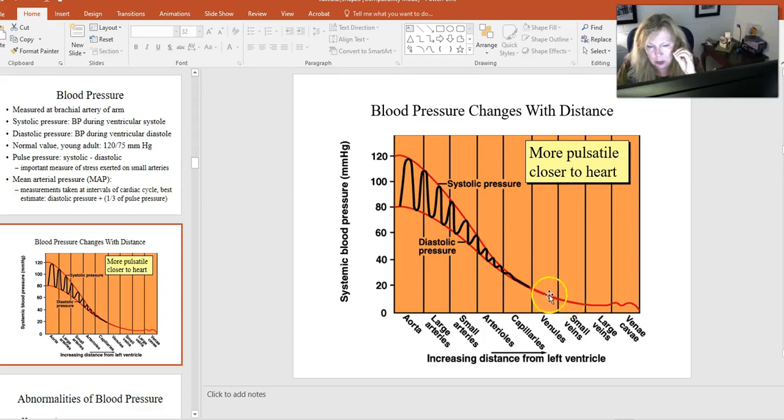So this is what I need you to realize, that the right return to the heart, the pulmonary return, has to happen, and the pressure is pretty low. Remember, it has to be balanced because these two pumps must be working in synchrony, or blood will back up in one area or the other.